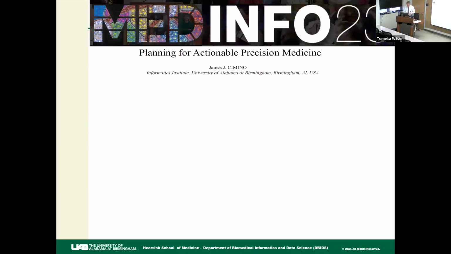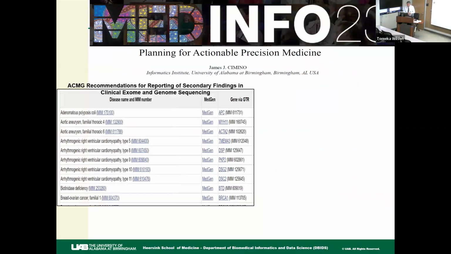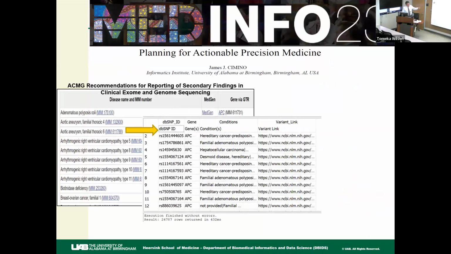Okay. All right. So one approach I took, thinking again about a table-driven, ontology-driven approach, was to take a look at the actionable genes from the American College of Medical Genetics and create a table of those genes and all of the variants that are associated with them.